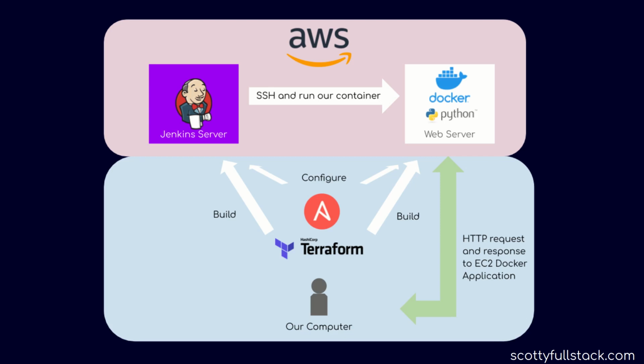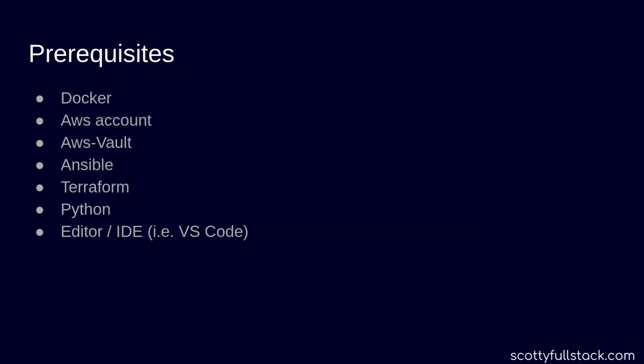So we're going to make an HTTP request, and then we're going to get the response back from that Docker application. Those web servers and the Jenkins server are going to be in EC2 on AWS. So this is going to be a lot of fun.